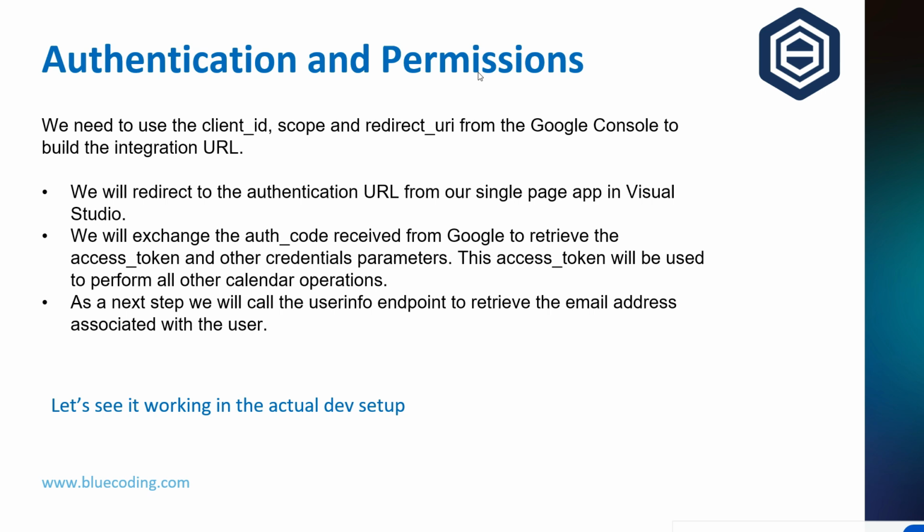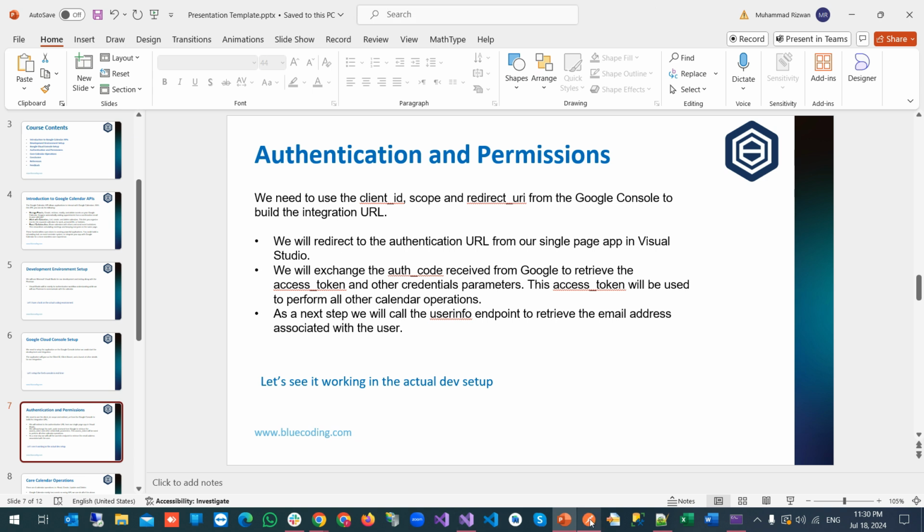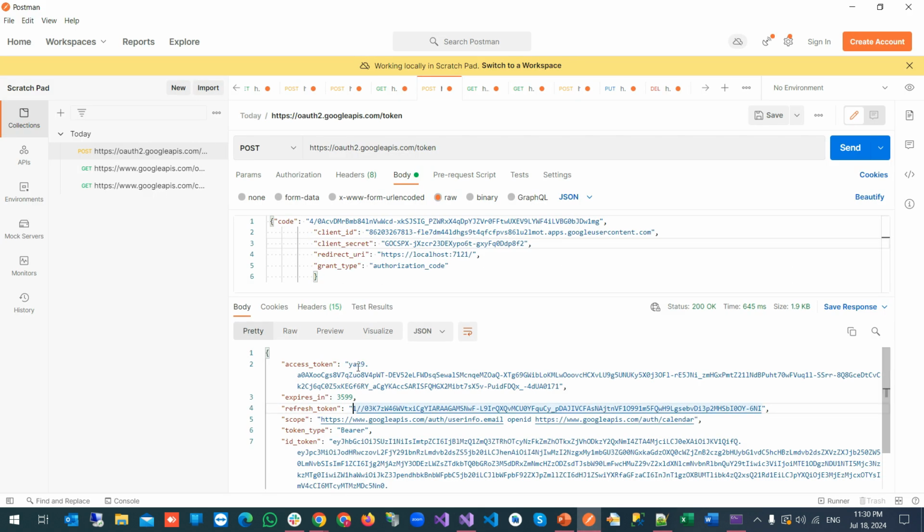So as a next step, we will call the user info endpoint to retrieve the email address associated with the user. So let's see it working in the actual development environment. Here we see we actually retrieved the access token. Now I have 1 hour to use this token. Remember, if you keep using this token unlimited times, it won't make a difference. After 60 minutes, it will expire.